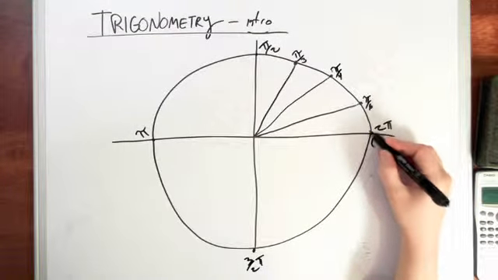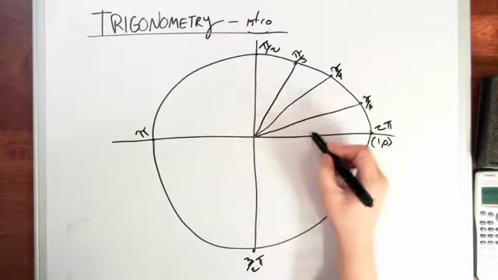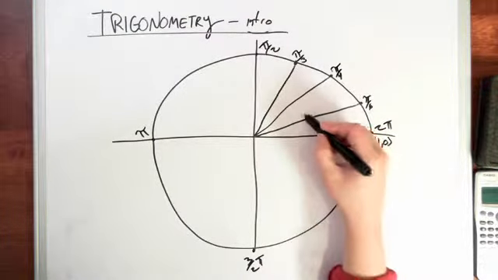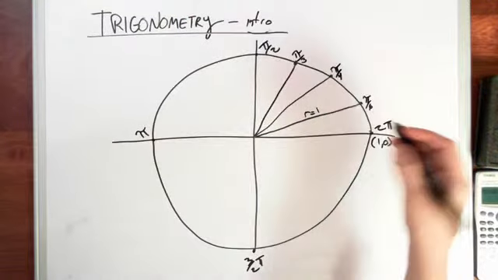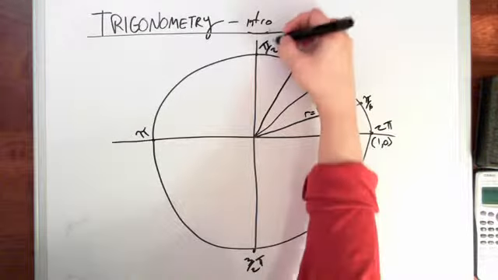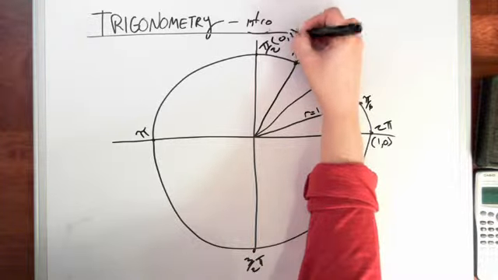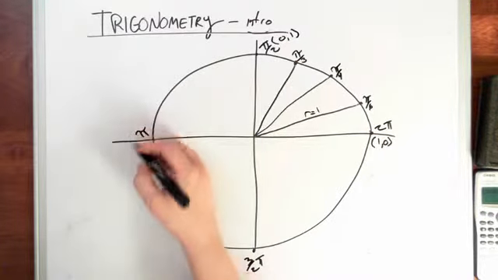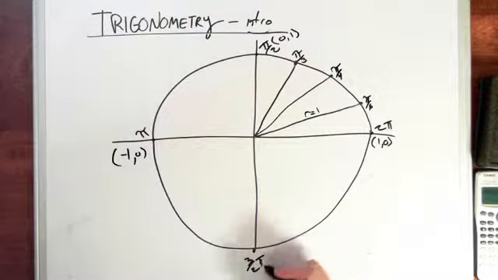This was at 2 pi, we're at 1 and 0, because remember, this is radius equals 1 all the way around our unit circle. So this is at 2 pi, we're at 1, 0. At half pi, we are at 0 and 1. At pi, we are at -1 and 0. And at 3/2 pi, we are at 0 and -1.